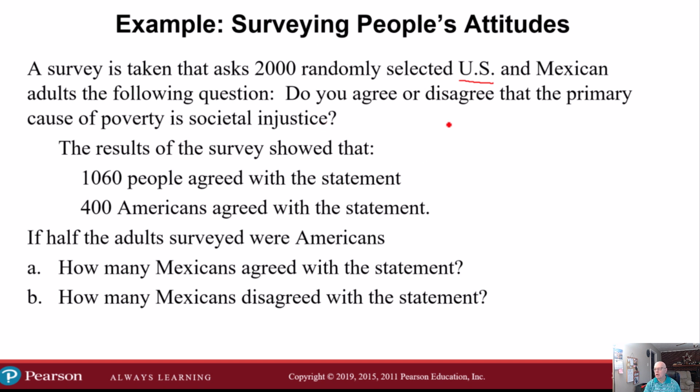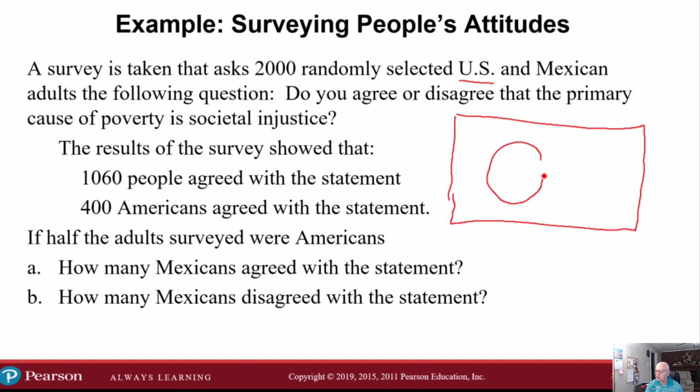So what we'll do is we'll start by drawing a Venn diagram, and we'll make one circle for the U.S. and another circle for agree. Then we'll start trying to fill these things in.